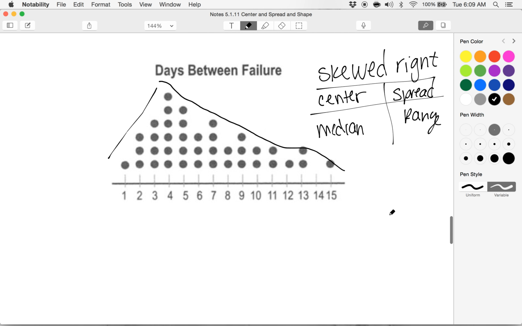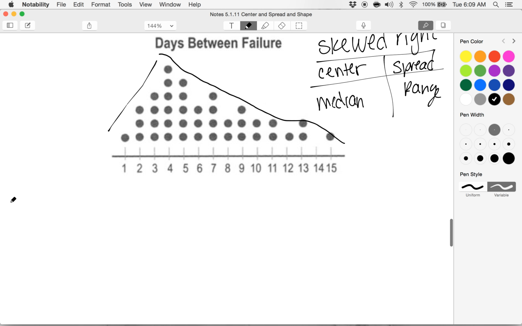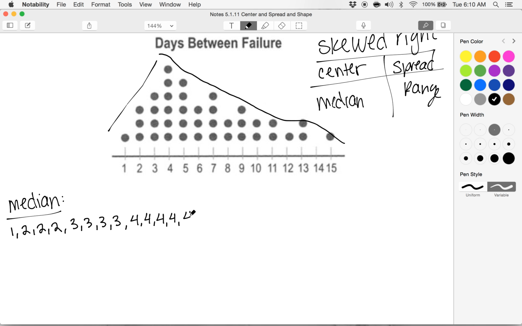All right, so it looks like I need to put all of my numbers in order. So for median, here we go. I have 1, 2, 2, 2, 3, 3, 3, 3, 6. Oh my goodness. 1, 2, 3, 4, 5, 6.